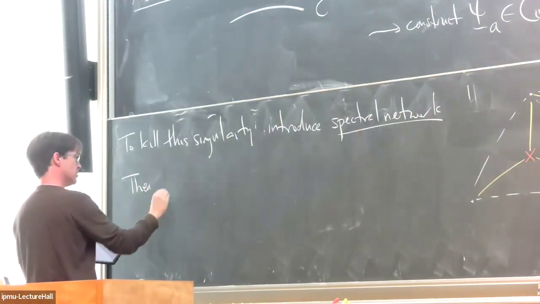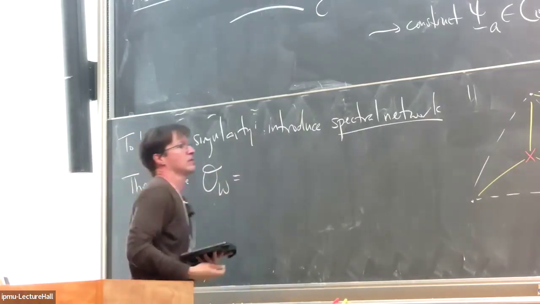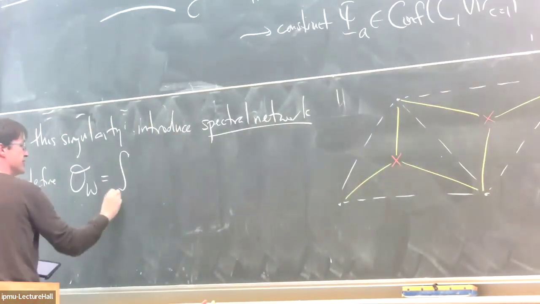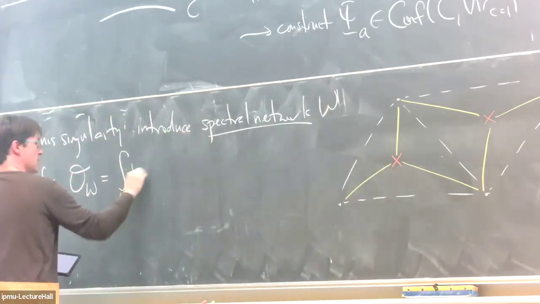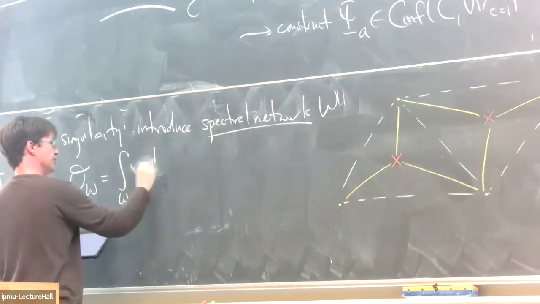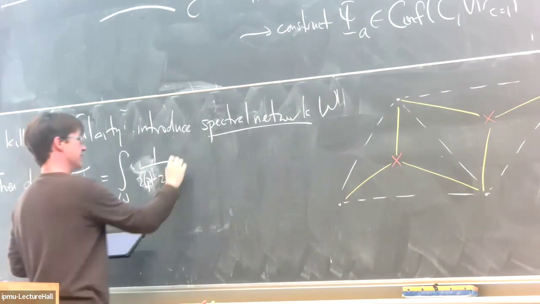All right, I just write the formula. The problem will be cured by adding some iterated integrals over this spectral network, which I call W. And the iterated integral that you have to do is given by a slightly complicated formula.